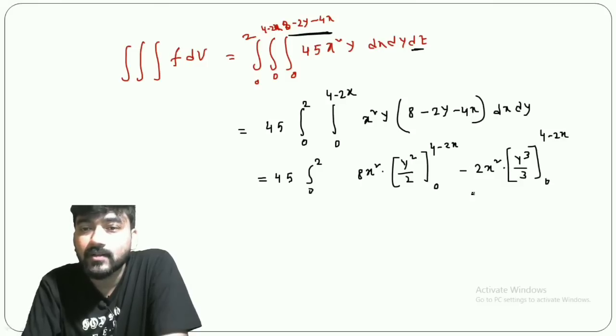And the last part, that is −4x times y dy, so the integration will be y²/2, with the limit 0 to 4 − 2x.